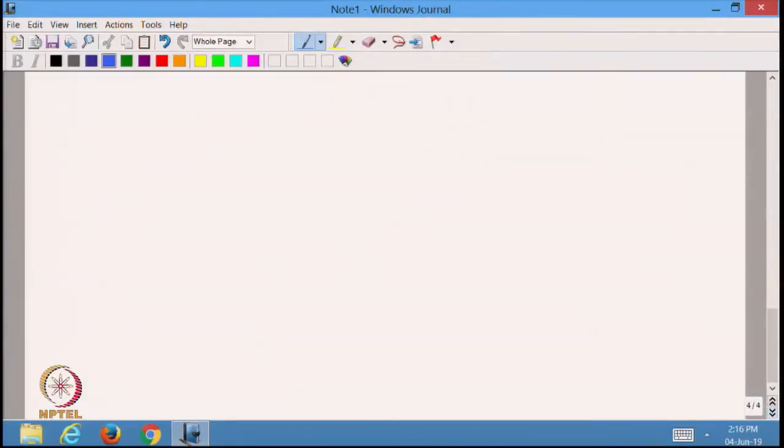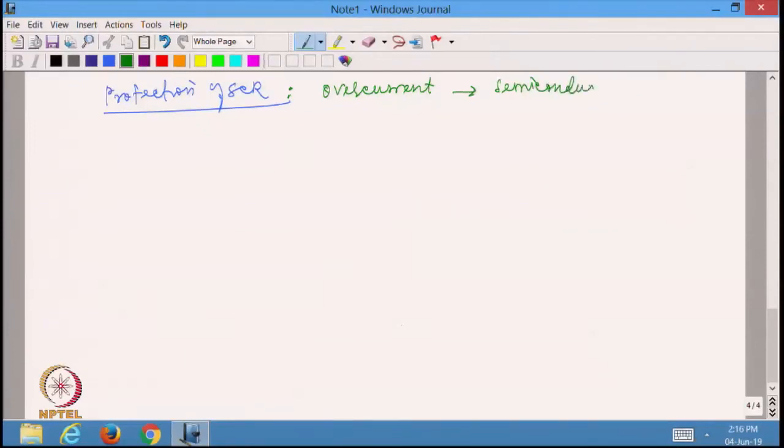Now, we have still not talked about protection of SCR. SCRs are generally slower devices, so it should not be too difficult to protect them. Against overcurrent, if you want to protect them, normally semiconductor fuses are used. Semiconductor fuses will be melting before the device conks out.